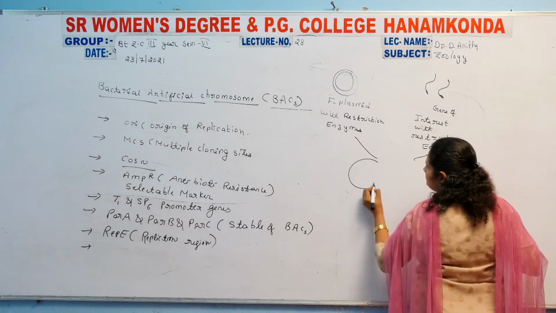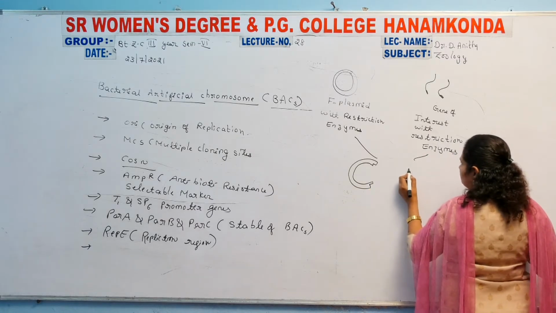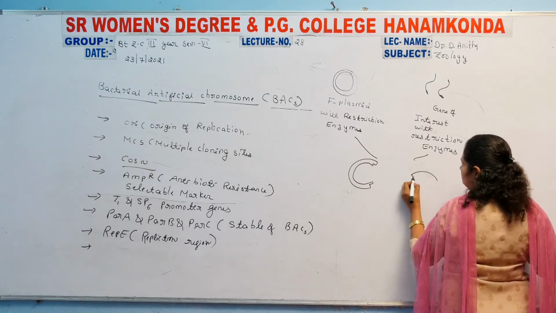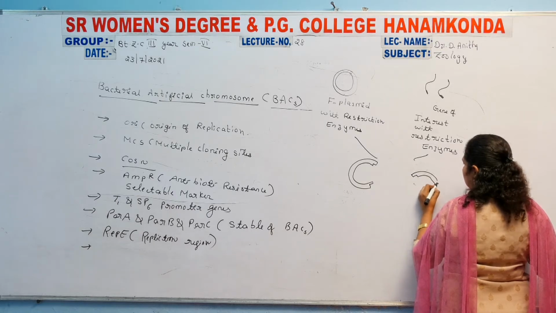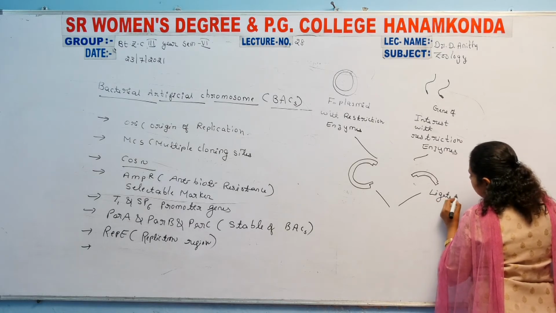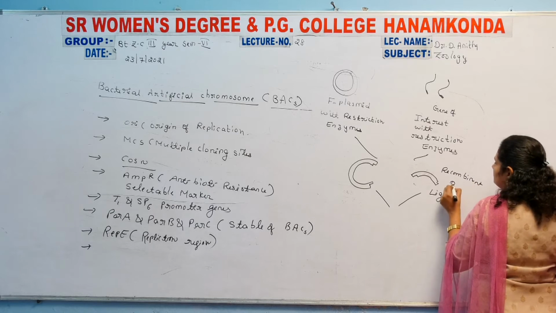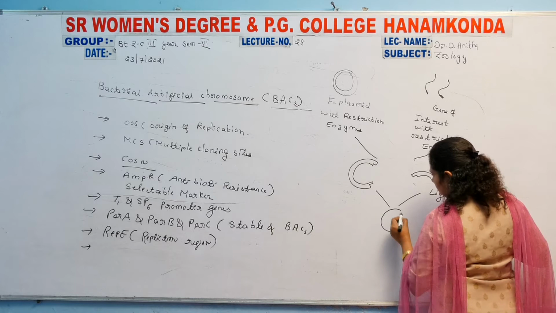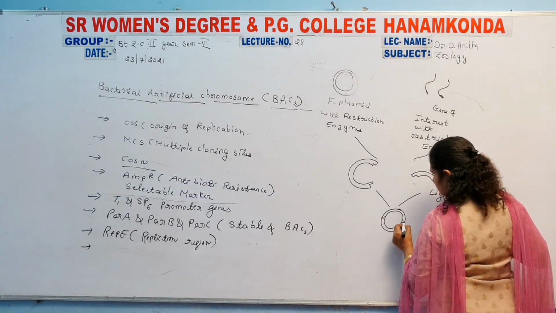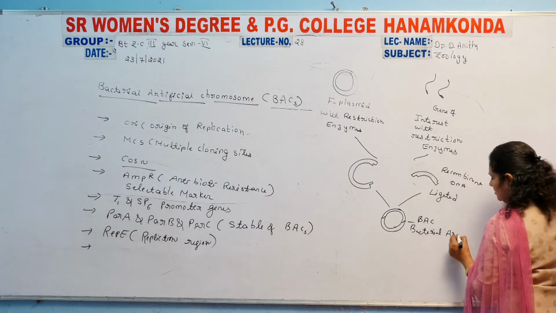And now this was the BAC, the bacterial artificial chromosome.